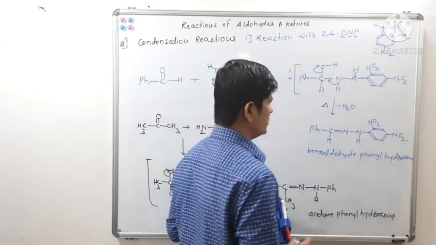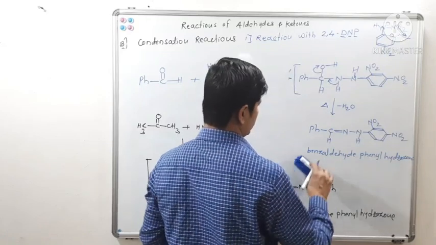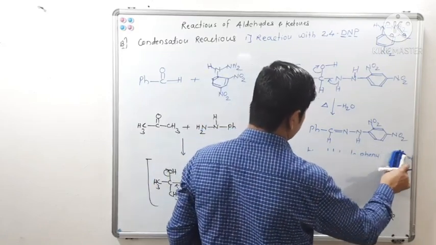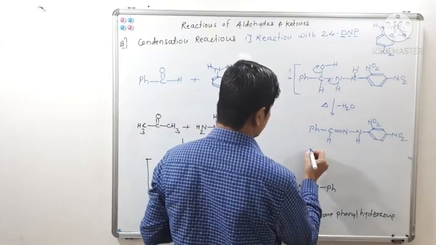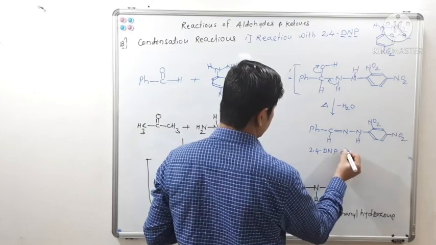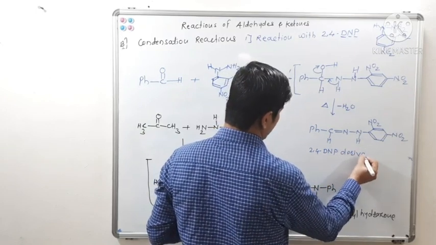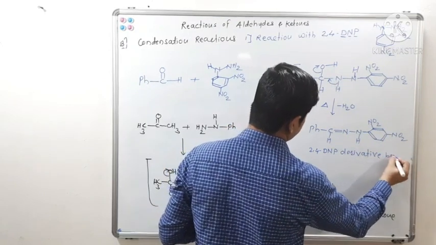So this will be the 2,4-DNP derivative of benzaldehyde.